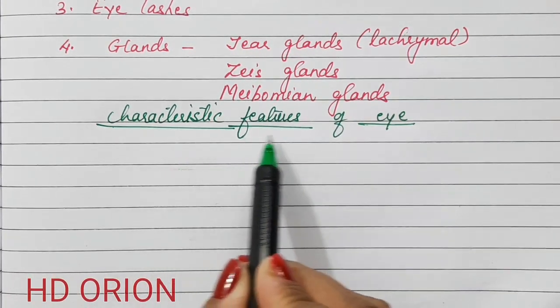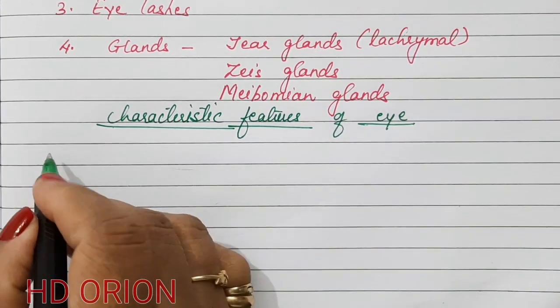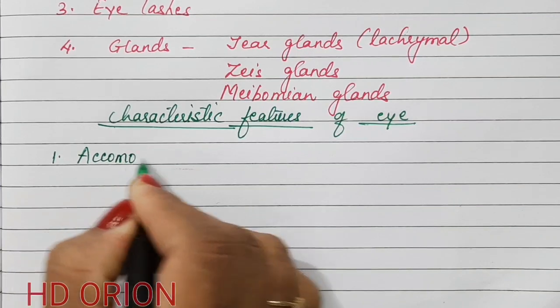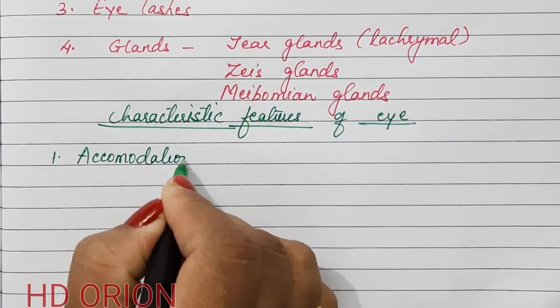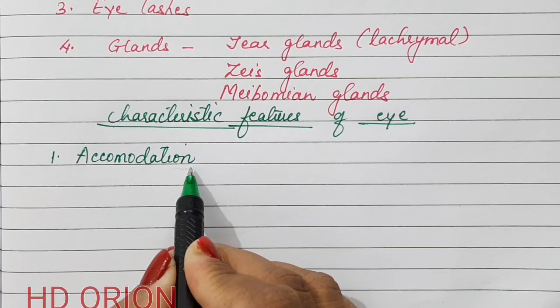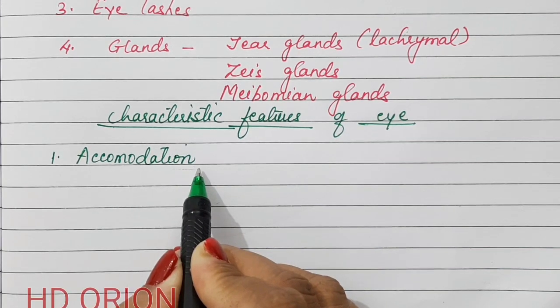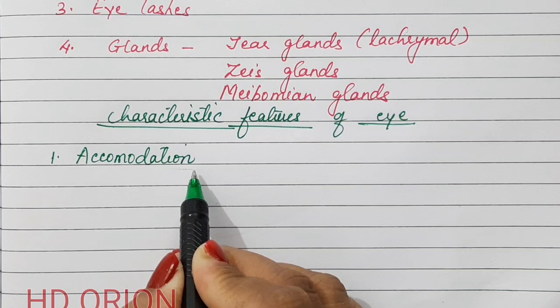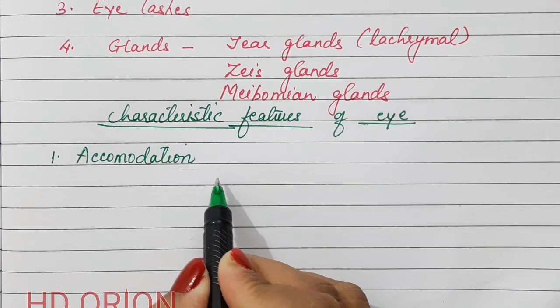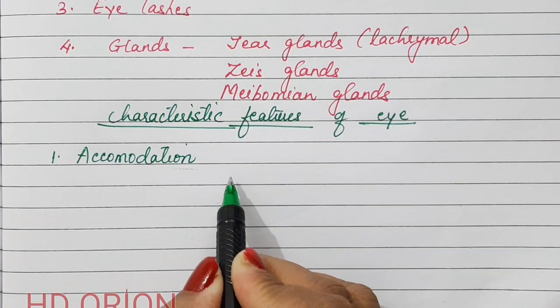Let us study the characteristic features of the eye. The first one is accommodation. Accommodation means that the human eyes can see things which are nearby as well as far off. Normally when we are wearing spectacles, we need lenses which help us to see things which are nearby and things which are far off.